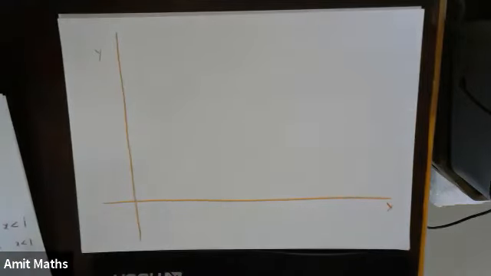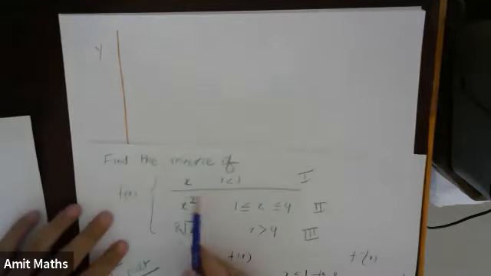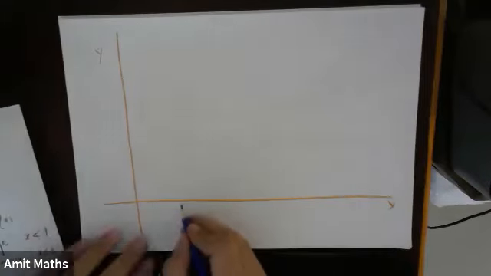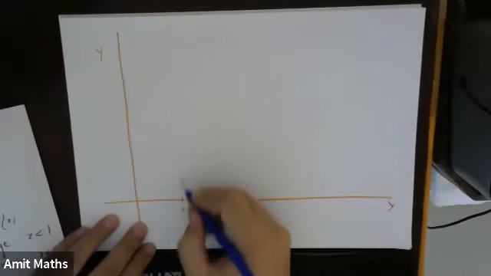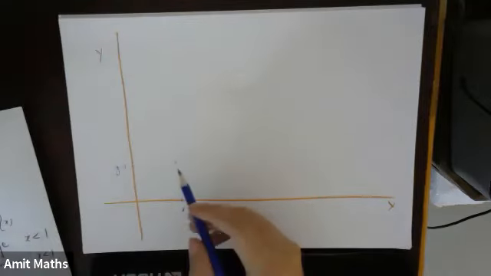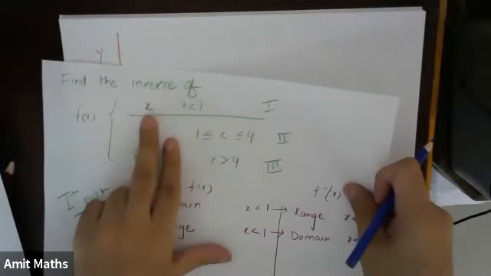Okay, now see. First is for x less than 1. Let's suppose x equals 1 is somewhere here. For x equals 1, y will also be equal to 1, because it is the line y equals x.